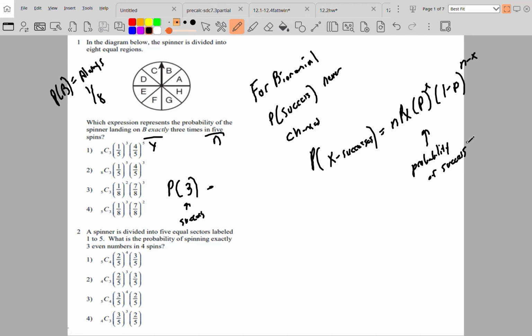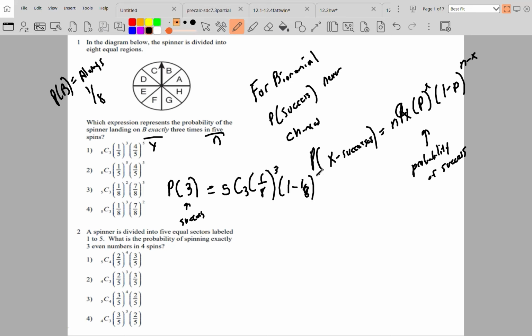So anyways, probability of 3 successes is going to have to be 5C3. I don't know why I said pC, probably early in the morning. Probability of success was 1/8. We want 3 successes out of 5, and this guy is going to be 1 minus 1/8.